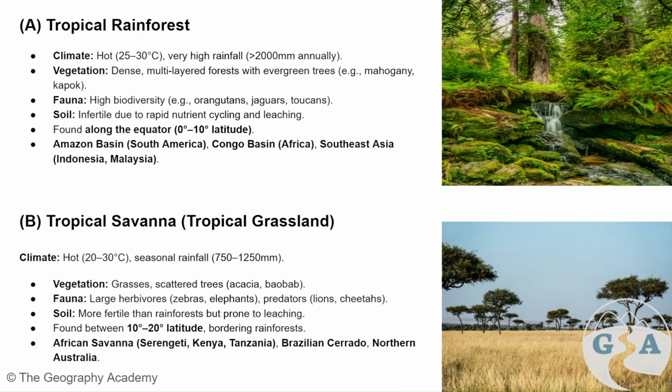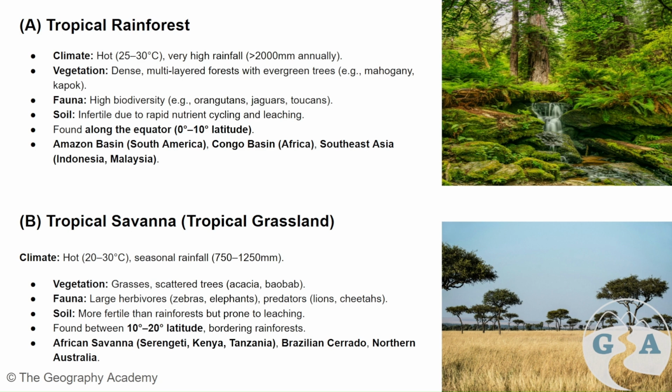We think about two major ones that are quite close to each other, the tropical rainforest and the tropical savanna climate or tropical grassland. In the tropical rainforest, the temperatures remain quite consistent between 25 and 30 degrees with the highest annual rainfall. Vegetation then is going to be very dense, with high biodiversity and biomass.